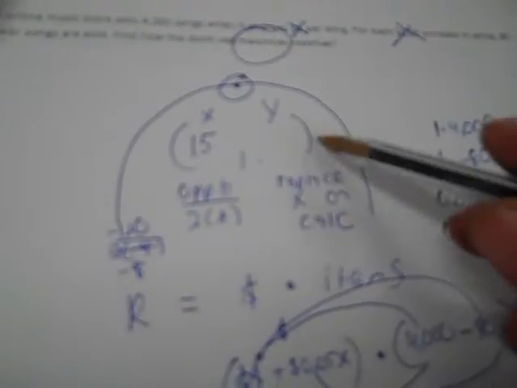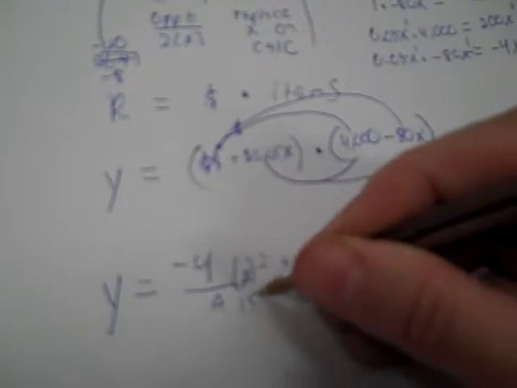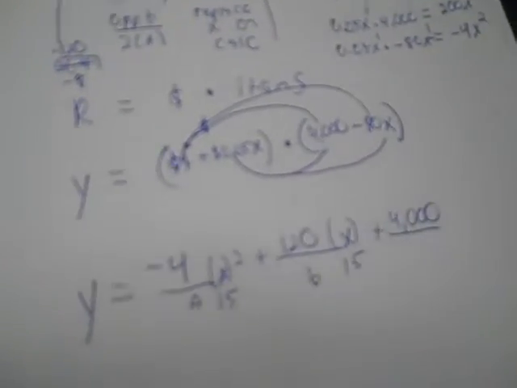Now replace x on the calculator. So these x's get replaced with 15. Okay, so I've got negative 4 times 15 to the second power plus 120 times 15 plus 4,000. Okay, it gives me 4,900. Now, here's what your labels represent.